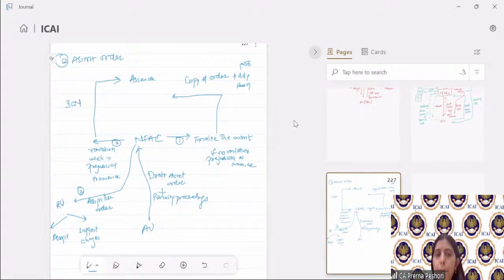Is that clear? But if the review unit has suggested the changes, then what will NFSC do?